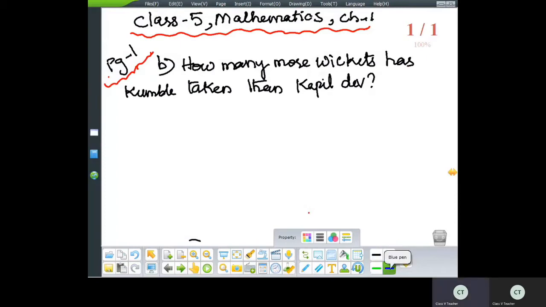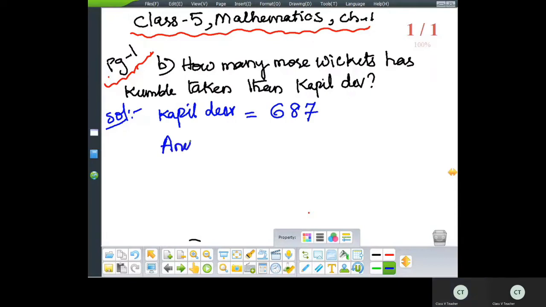So let me do the solution. Kapil Dev is equal to 687 wickets. Then what is the next person here? Anil Kumble. Anil Kumble is equal to 956 wickets.